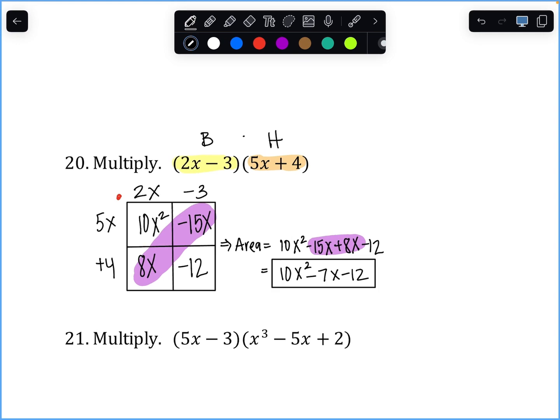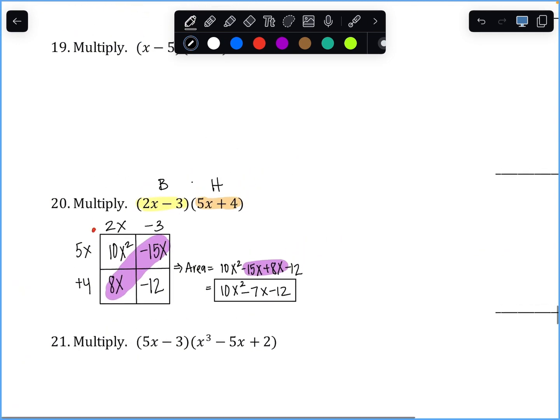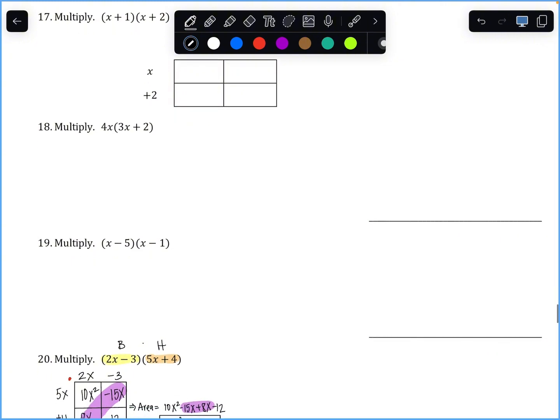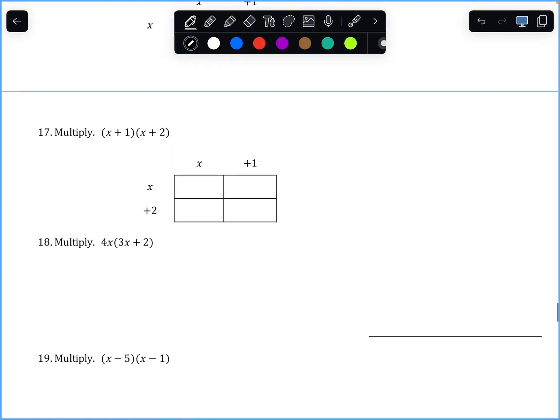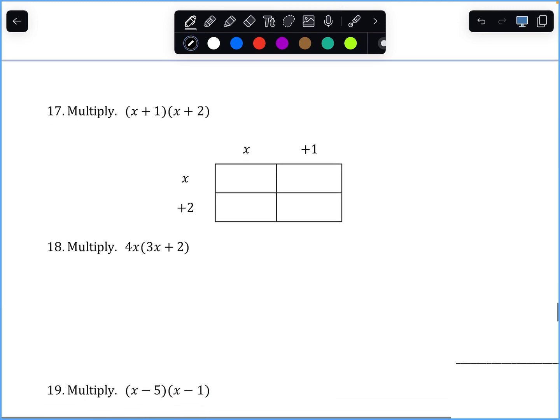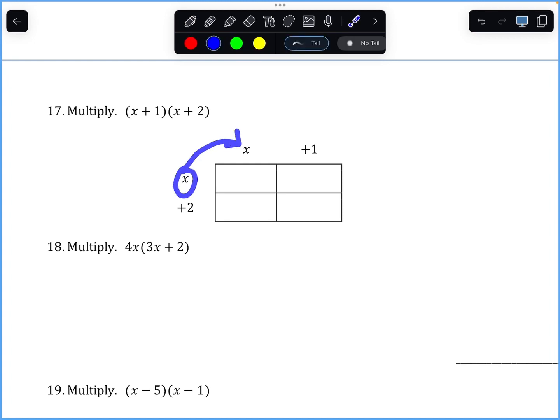Okay, so Miss Sanchez is going to go over just the answers for numbers 17 through 19, okay? So, same process, right? You should have done this for homework. A lot of students like doing the box method, so I am just going to go like this. That guy goes there, and I multiply that guy to both.